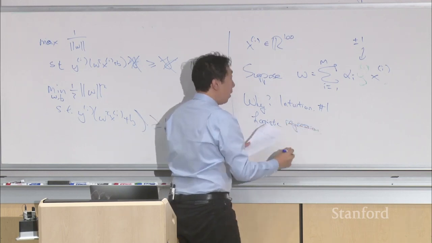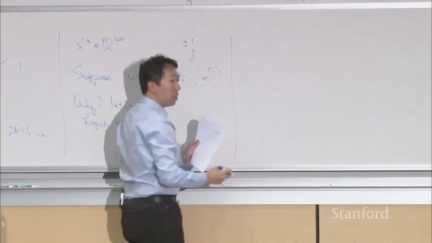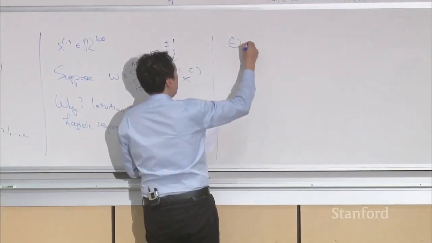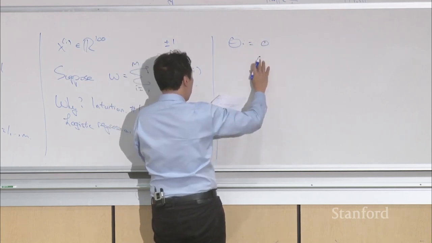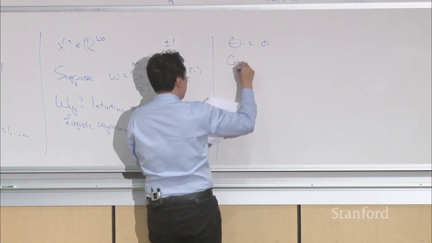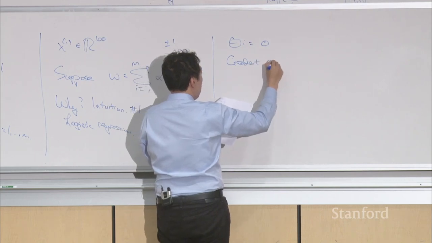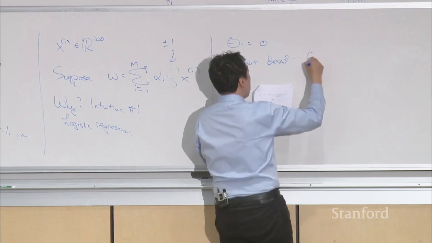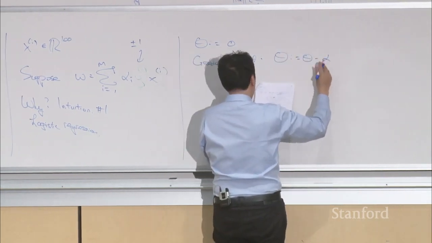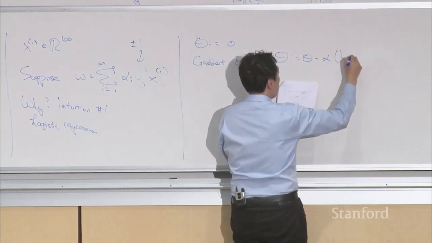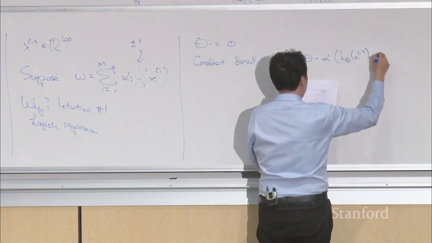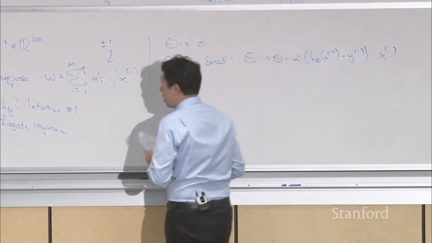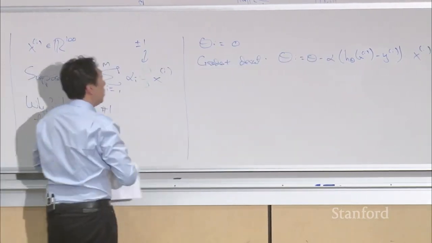Suppose that you run logistic regression with gradient descent, say stochastic gradient descent. You would initialize the parameters to be equal to 0 at first, and then for each iteration of stochastic gradient descent, theta gets updated as theta minus the learning rate times the gradient term times x_i.